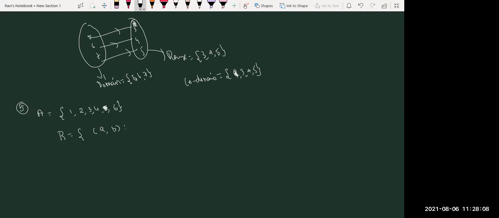A comma B, they have given: B is exactly divisible by A. We have to choose an ordered pair where B is exactly divisible by A. For example, if we choose 2 comma 6, now 6 is exactly divisible by 2.